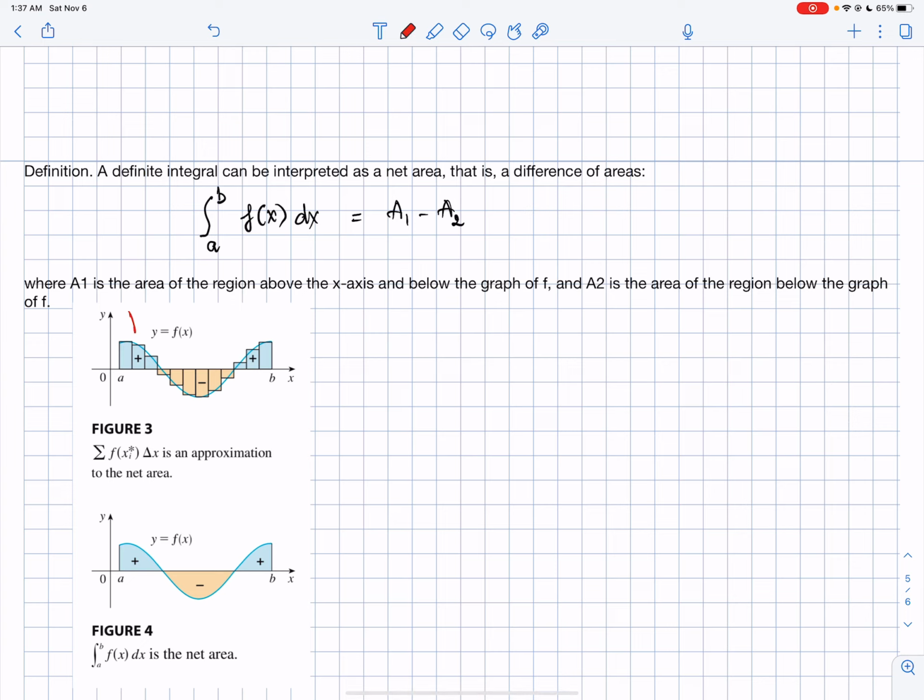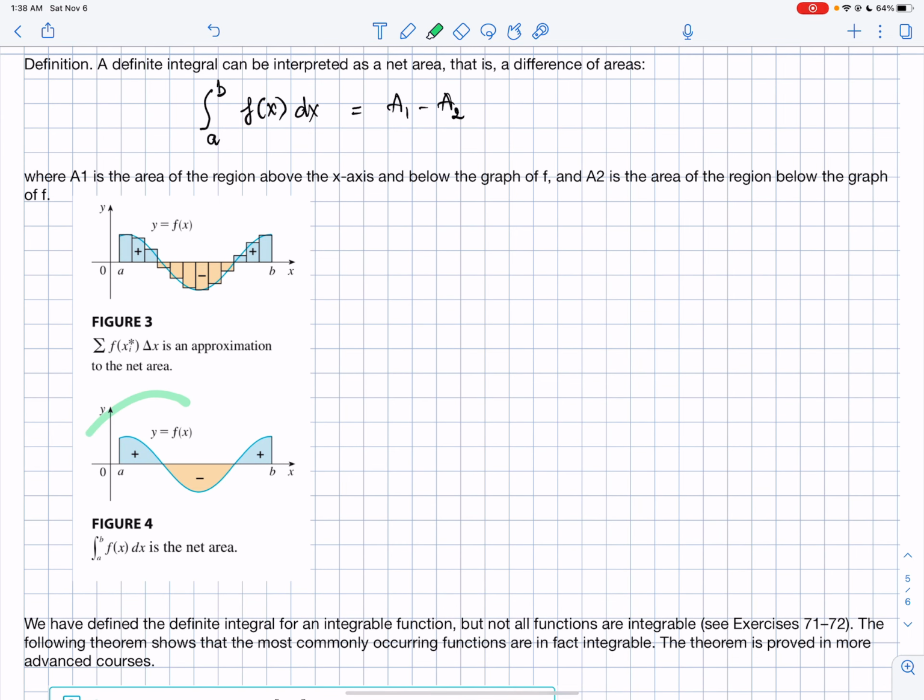So this could be A1 and this is A2. We add the A1 together and then we minus the A2. A1 represents the part above the x-axis, where f of x is greater than or equal to 0, and the yellow represents the part below the x-axis, where f of x is less than or equal to 0.